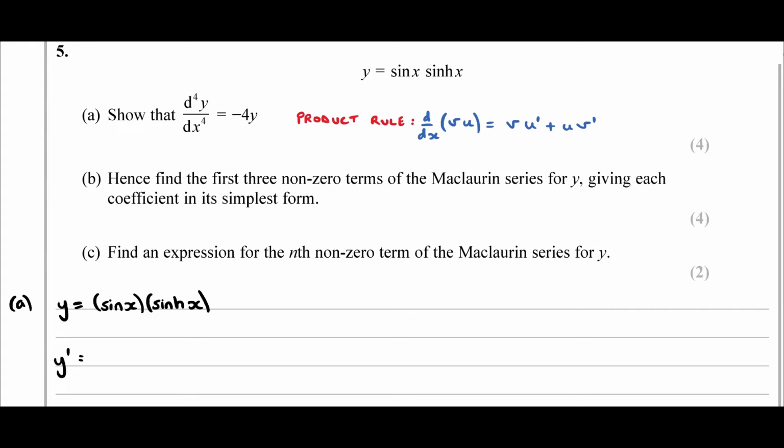Y dash, so we have v, which is sin x, multiplied by u dash, which is cos x, and then plus u, which is sin x, multiplied by v dash, which is cos x.